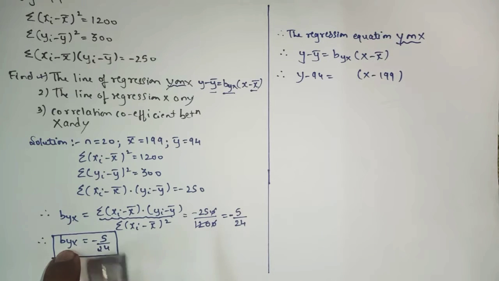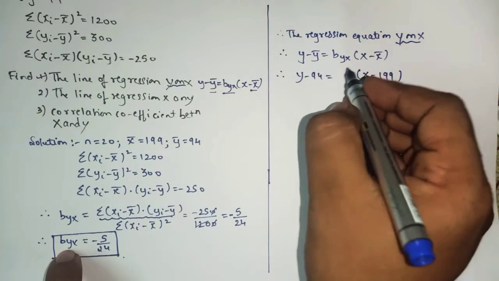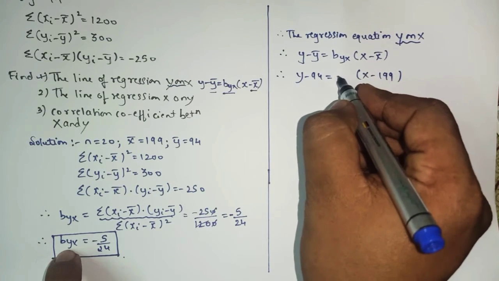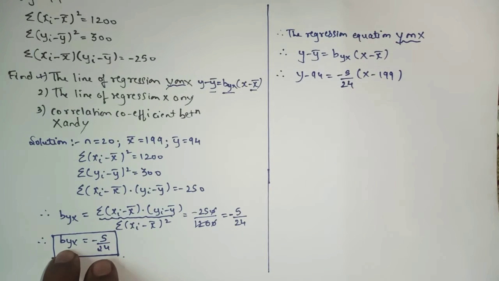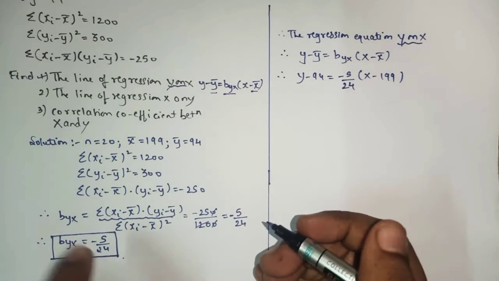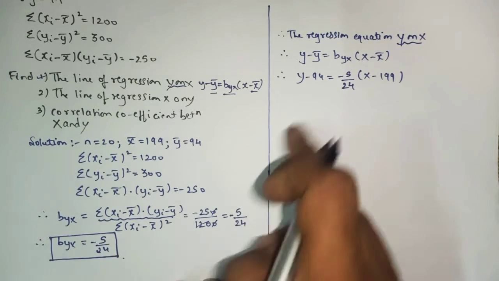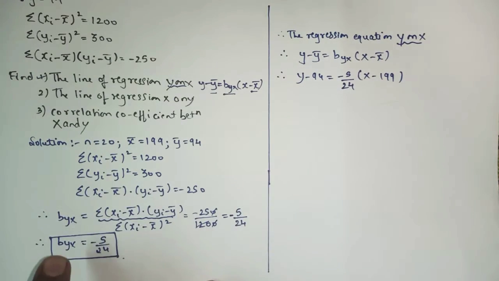If the marks were for byx, you would find your answer in decimal. So here we can keep this byx in fraction also. We got byx as minus 5 by 24. You can divide this answer up to 4 decimal places, but remember the marks are for this part, so we'll keep this byx in fraction only.